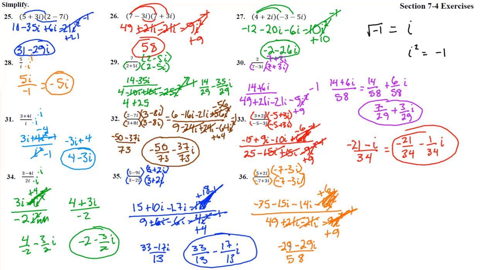So 58 is 29 times 2. So let's go ahead and write it out in a plus bi format and then simplify it. Negative 29 over 58 minus 29 over 58 i. 29 over 58 is 1/2. So this is actually negative 1/2 minus 1/2 i. And that's what it looks like simplified in a plus bi format. Excellent.